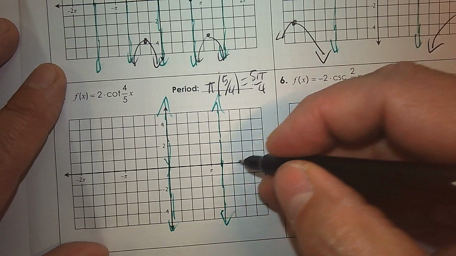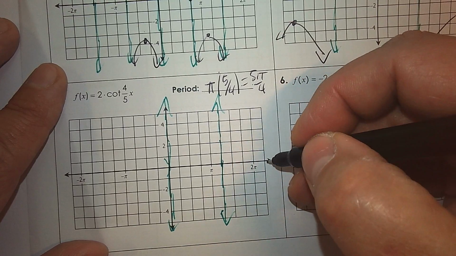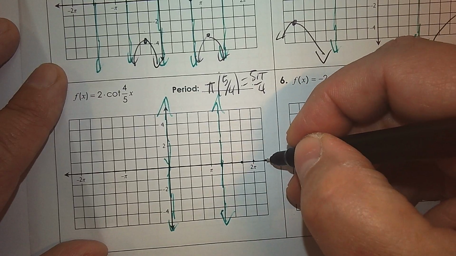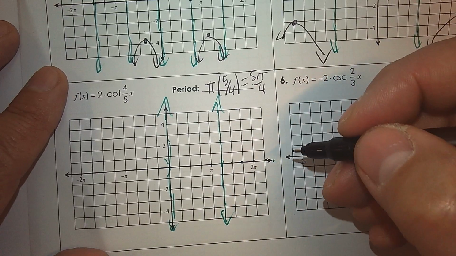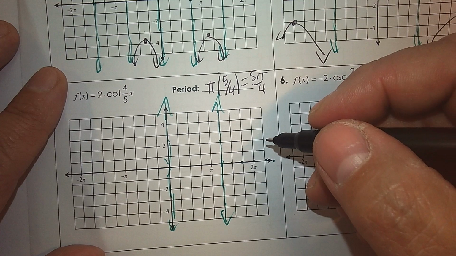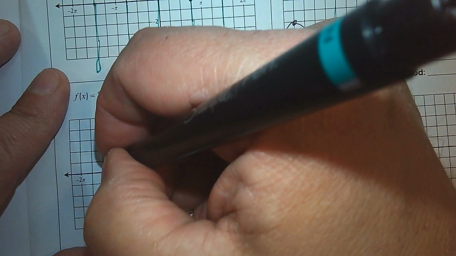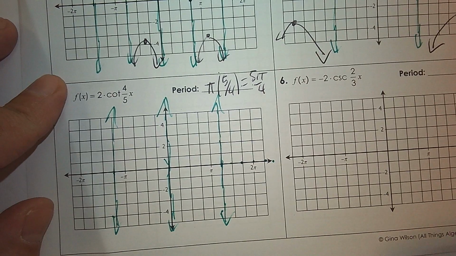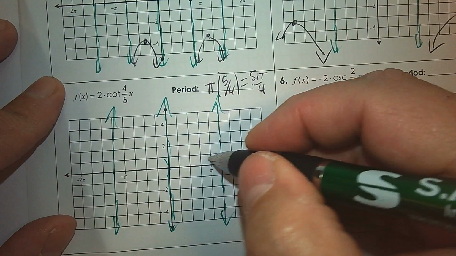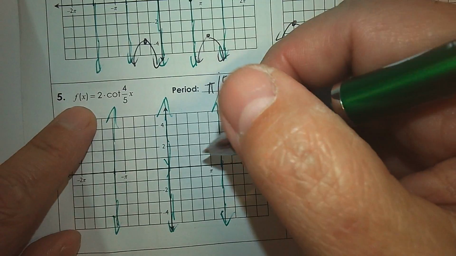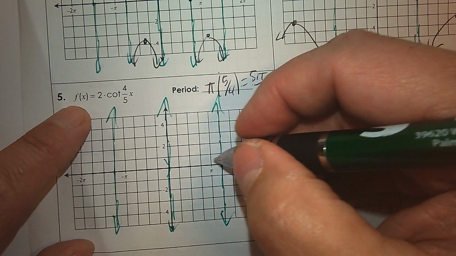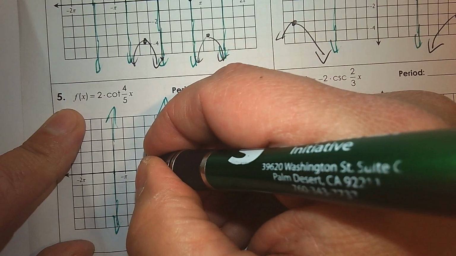So I can't keep going here. Or can I do one more? No. So it'd be off my graph, the next one. But this side I can do. So there are my asymptotes on my graph. In the middle here is going to be 0. So it's in the middle of that square.